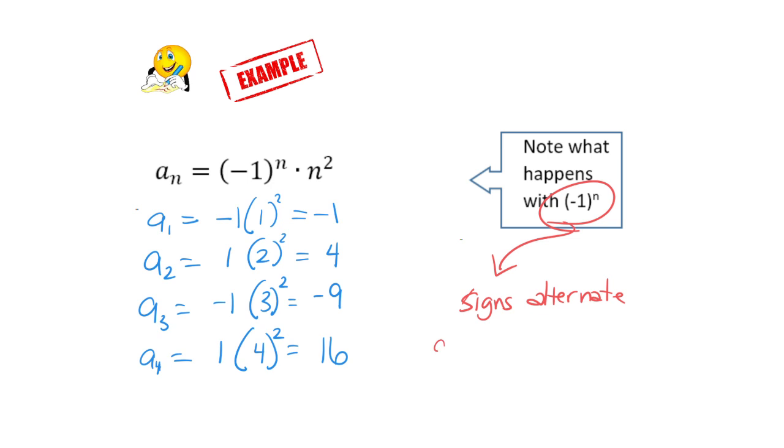Another alternative would be to do a negative 1 to the n plus 1. That way, my first term, when I put a 1 in for n, actually ends up getting squared, which is then going to make it positive. So this is how we would do it to make it go positive, negative instead. So these are 2 separate options of what you might do.